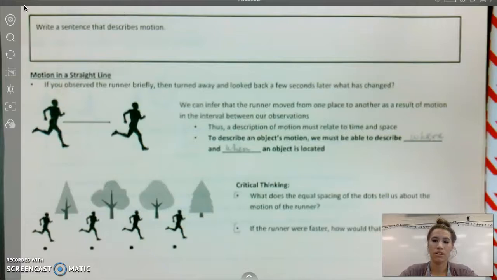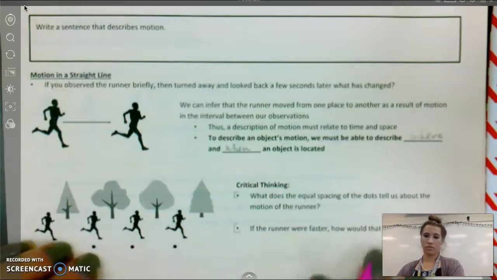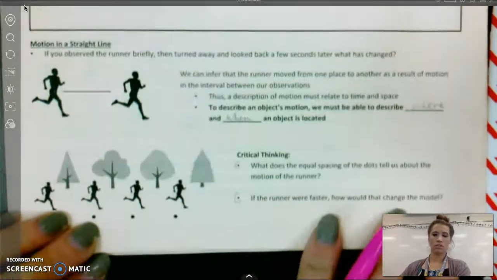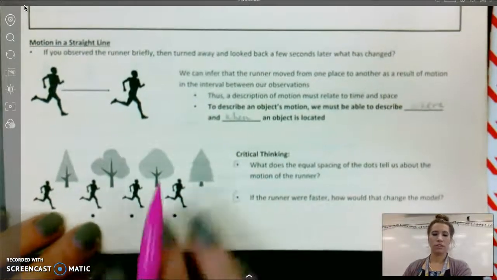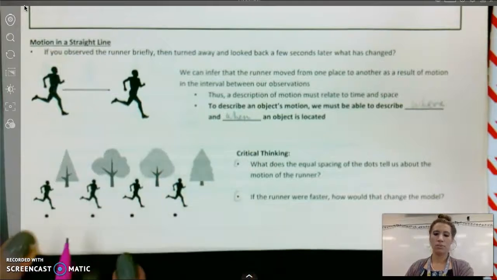We need to, in order to describe motion, state where something is at a given time, because they're going to change that position once time has passed. Okay, so when we look at this, what does the equal spacing of the dots tell us about the motion of the runner?